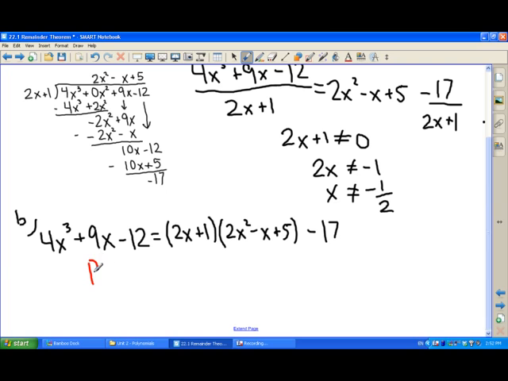So my polynomial is equal to my divisor times my quotient plus my remainder.